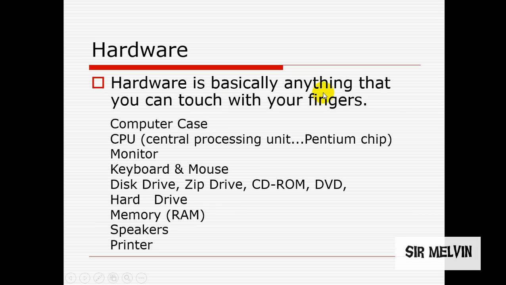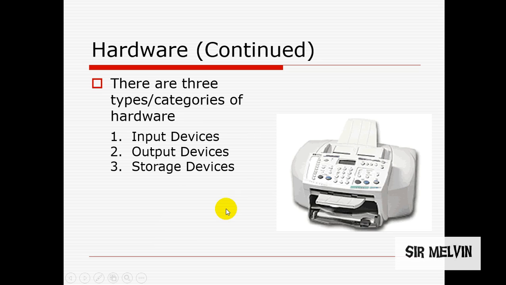Hardware is basically anything that you can touch with your fingers, such as the computer case, the CPU or central processing unit, for example the Pentium chip, monitor, keyboard and mouse, disk drive, zip drive, CD-ROM or DVD-ROM, hard drive, memory or RAM, speakers and the printer. Those are the hardware components.